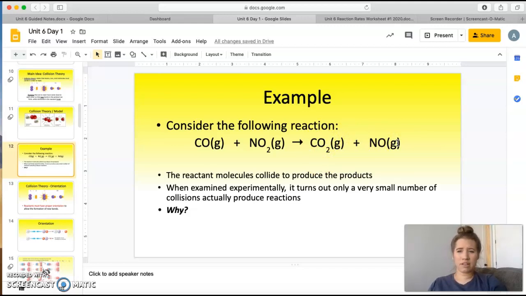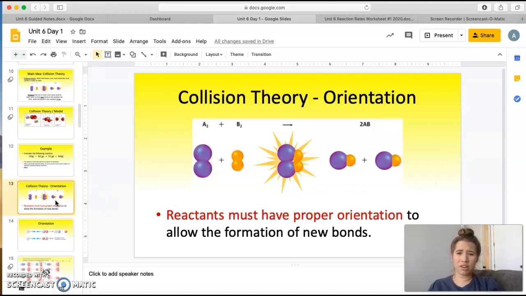But why is it that not every single collision results in a new product? These two reactants will collide all the time, but only a fraction of the time will they actually form the product. And the reason for that is the orientation. They not only have to collide, but they have to collide in a perfect way. That collision has to be lined up in the perfect way so that the products can be formed.